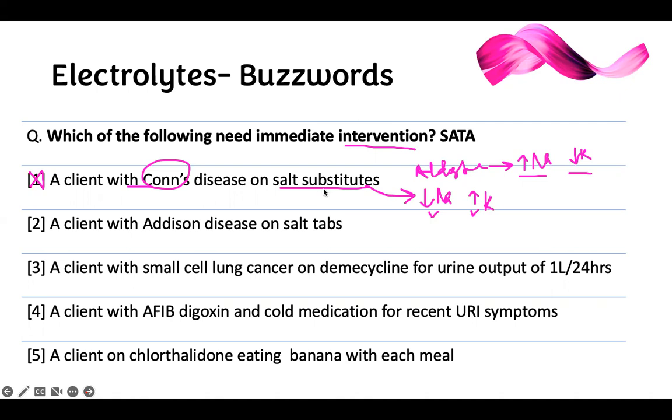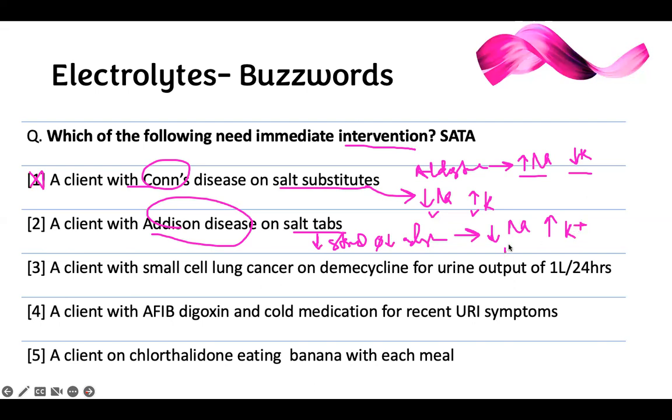Good job, patient. The client with Addison's disease on salt tabs, okay, buzzword: salt, salt, salt. Then you ask yourself, what is Addison's disease? I have no steroid, or I have no aldosterone. So with decreased aldosterone, what is going to happen? My sodium goes down and my potassium goes up.